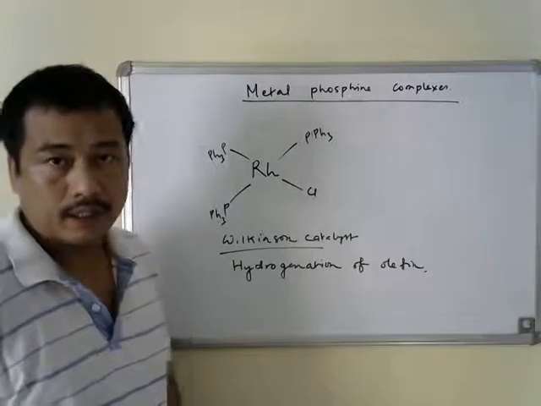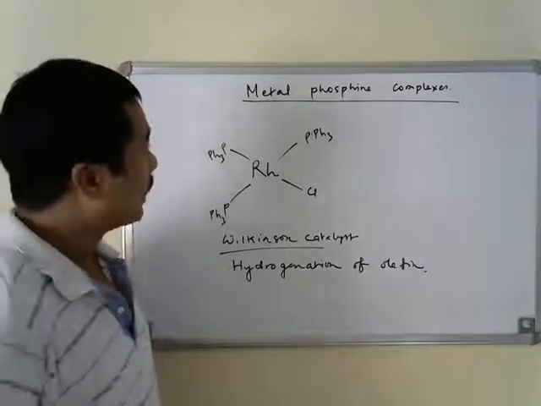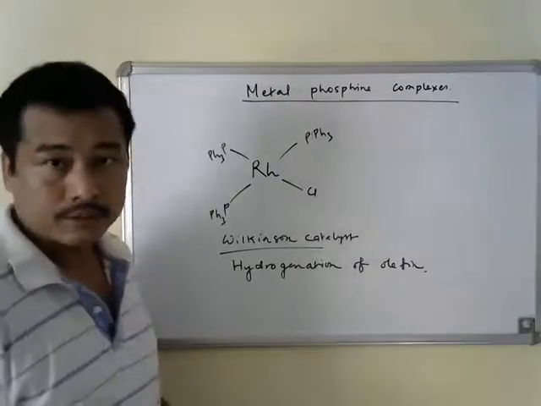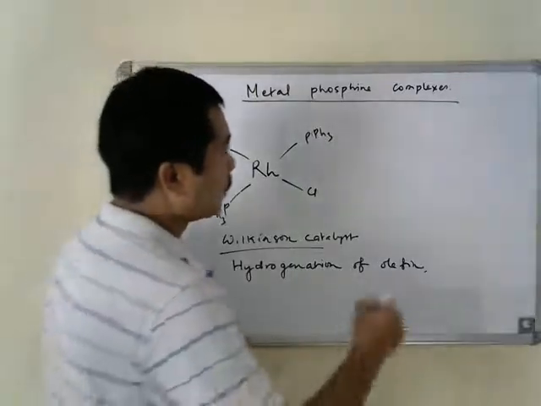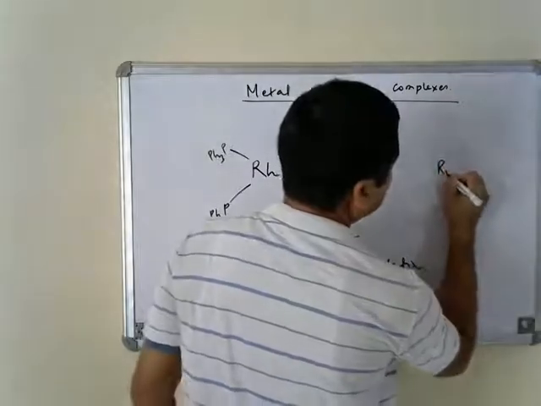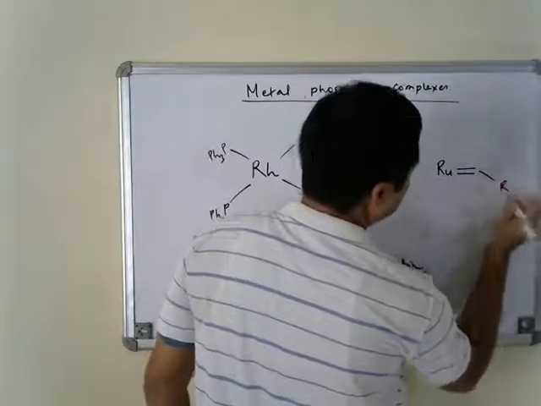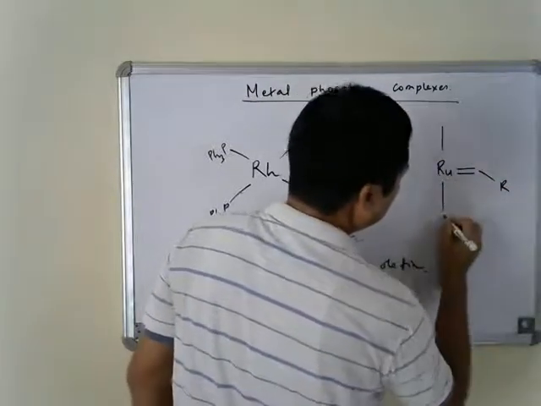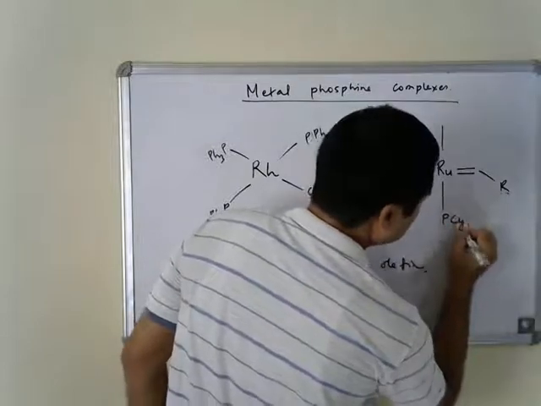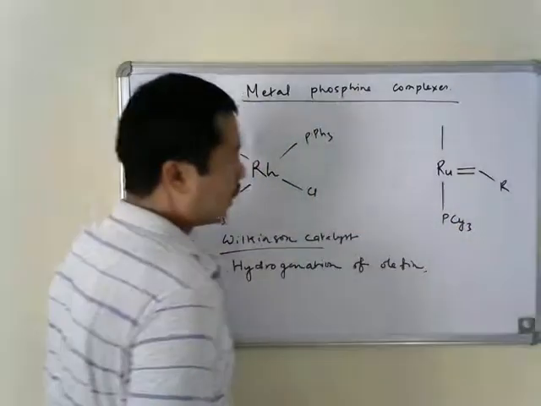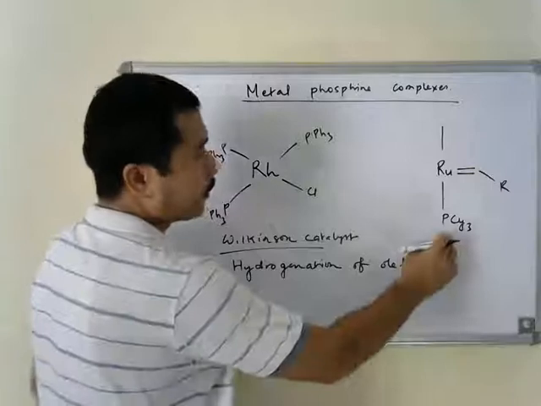Another important catalyst that involves phosphine ligand is the Grubbs first generation catalyst, that is a ruthenium complex, ruthenium carbene complex actually, and it contains two phosphine ligands, that is tricyclohexyl phosphine ligand.